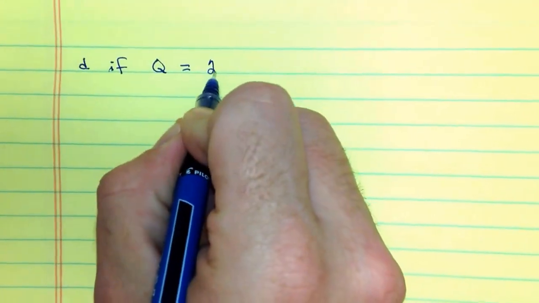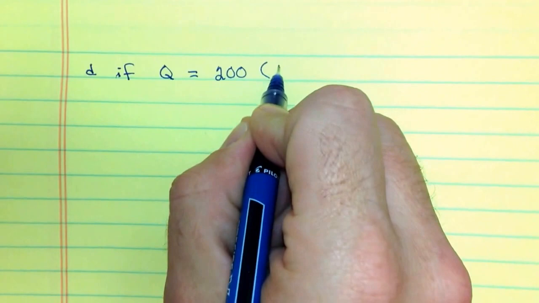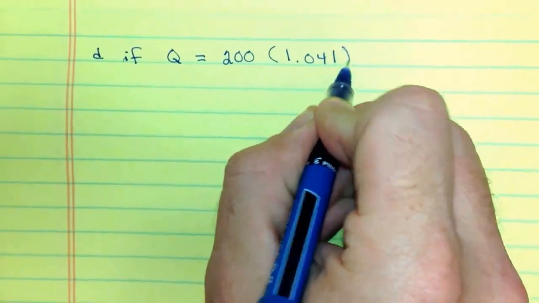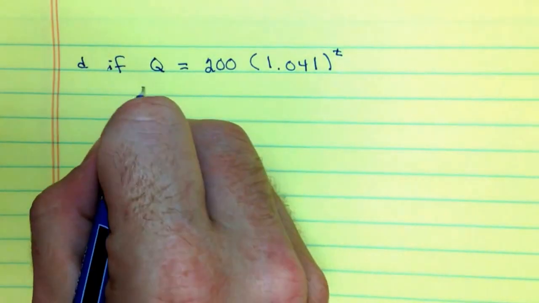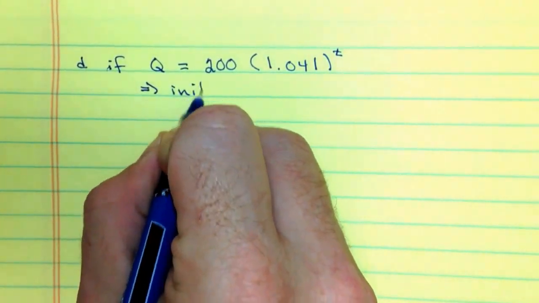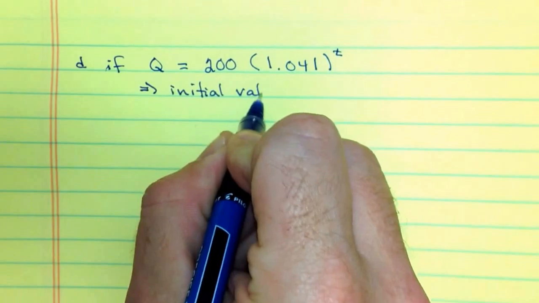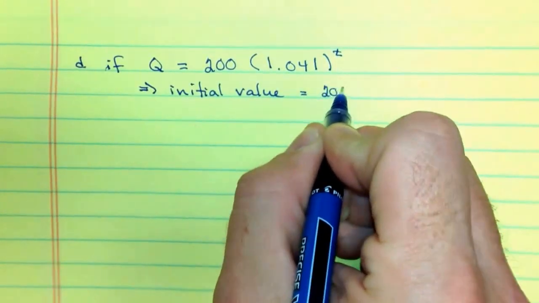Make sure we can see everything. All right, little d. If q equals 200 times 1.041 to the t, then what are all the values here? Well, the initial value is 200.